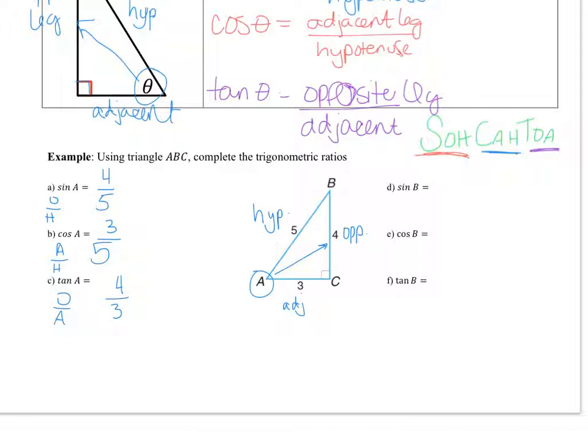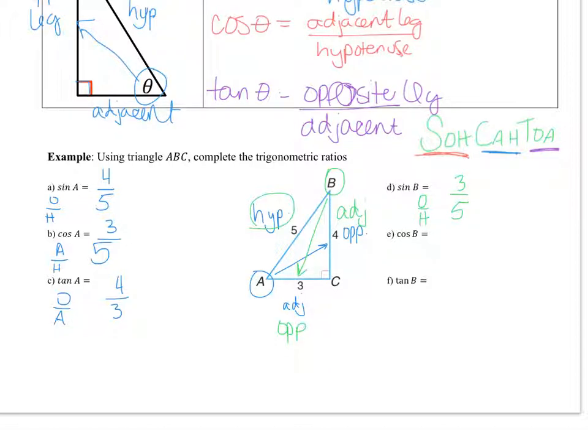Alright, looking at angle B, I'm going to change my color here. So now I'm going to go from B, again going across. So for angle B, my opposite is going to be here. Adjacent then is the one right next to it, and then my hypotenuse stays the same. So sine of B again is the opposite over the hypotenuse. So my opposite for B is 3 over 5.